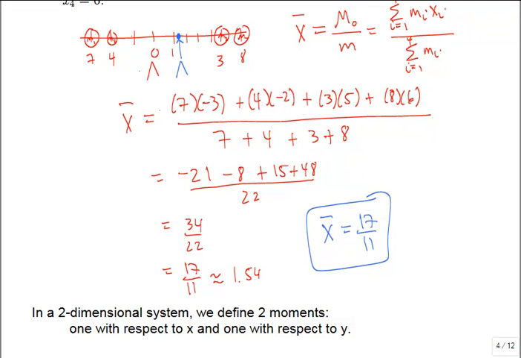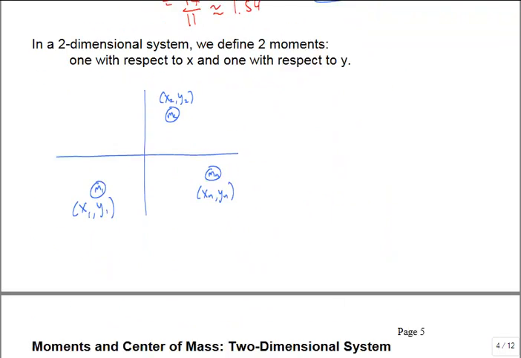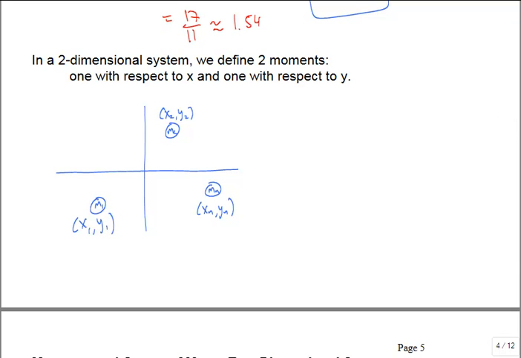Okay? So what do you do if you have a two-dimensional system instead of just a one-dimensional system? So in a two-dimensional system, you're still going to have these masses, but now they're going to have x and y coordinates. So now we're going to have to define a moment about the x-axis and a moment about the y-axis.